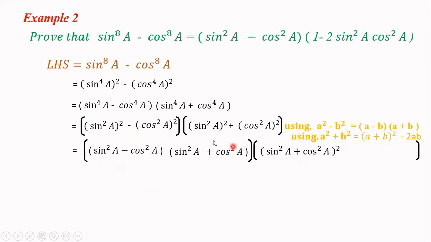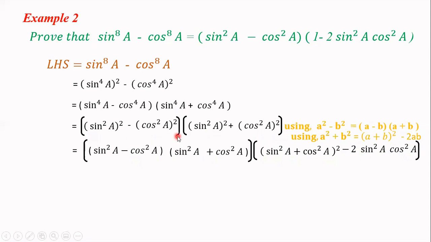Using it, we have a plus b whole square, that is sine square a plus cos square a whole square, minus, in place of 2ab, 2 sine square a cos square a. In this line, we have used two formulae.